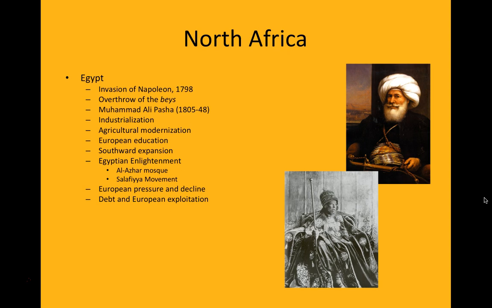And this demonstrated that the Ottomans were in absolutely no condition to oppose European expansion. Napoleon overran the garrison stationed there. The Ottomans were not able to muster any kind of response.